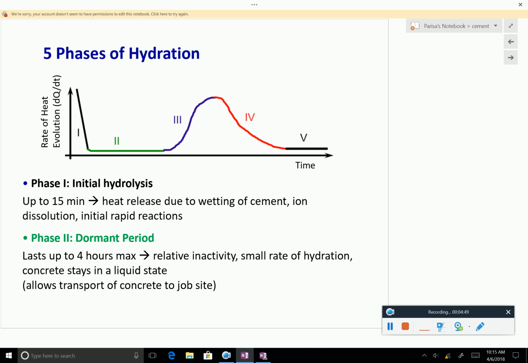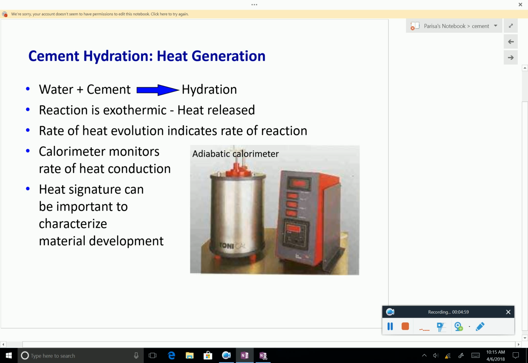So we have different phases of heat generation during cement hydration. This information related to that is in the videos, so that's why I'm going very fast. I'm assuming that you all came having reviewed those videos.